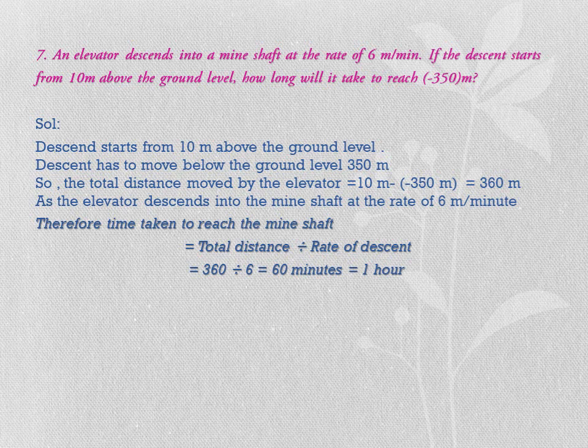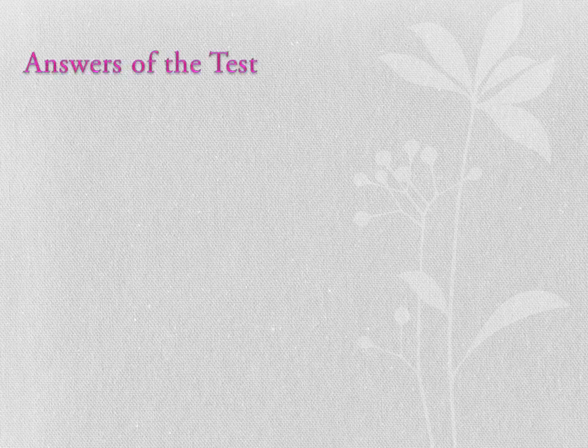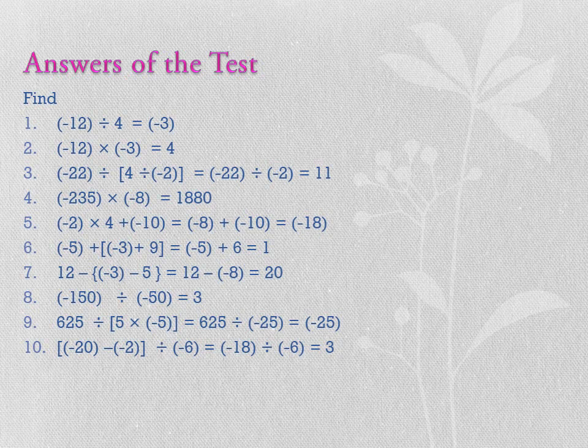Now, let us check your marks for the first test. Now, the time for checking your test paper marks. For that, all of you correct your answers by checking for tick or cross marks. Now, all ticks you add, then that is the correct answers.